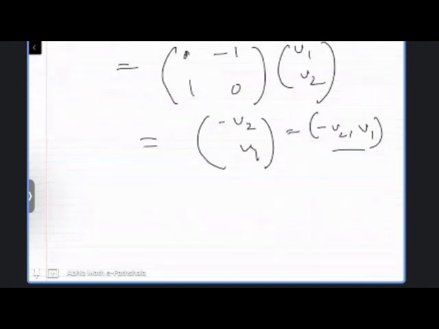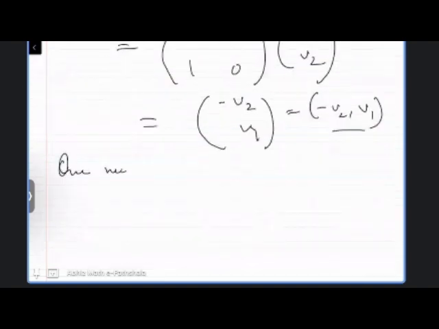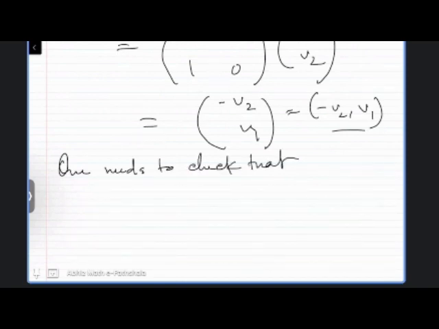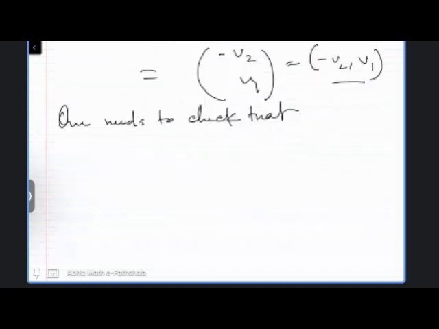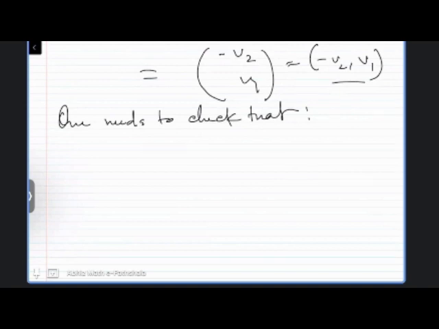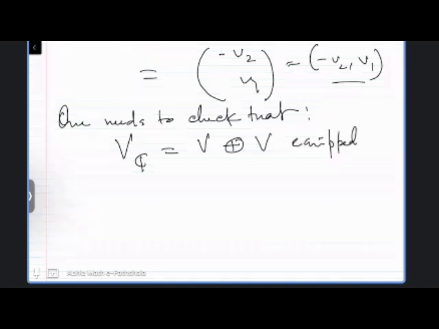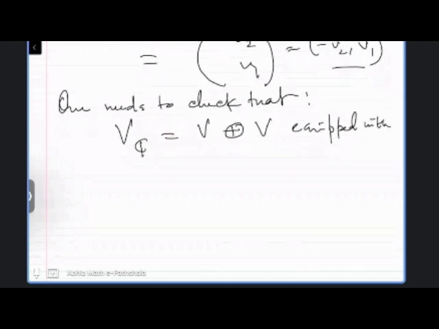Now we need to check that. So what should be checked here? Your set is V_C, which is the direct sum of V with itself, equipped with vector addition.